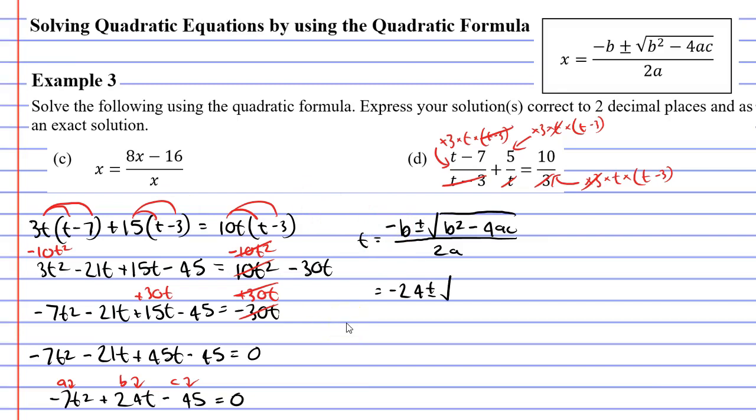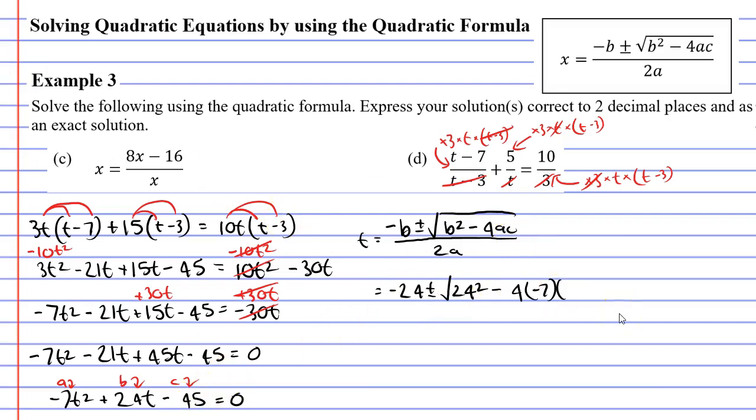Plus or minus square root. We now have b squared, so b is 24. We write down 24 squared minus 4. And we're going to multiply this by a and c. So a is negative 7. So we write negative 7 here. And c is negative 45.